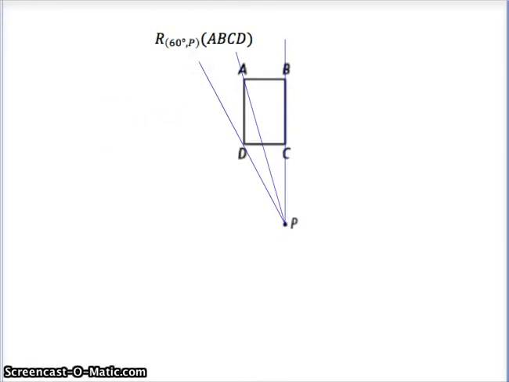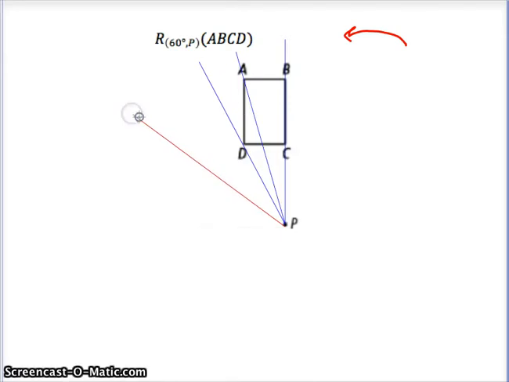Now I'm going to take each one of these lines and rotate it 60 degrees. A positive rotation means we are moving in a counterclockwise direction. So this first line I'm going to rotate 60 degrees. We're going to eyeball this. We'll say this looks like about 60 degrees.